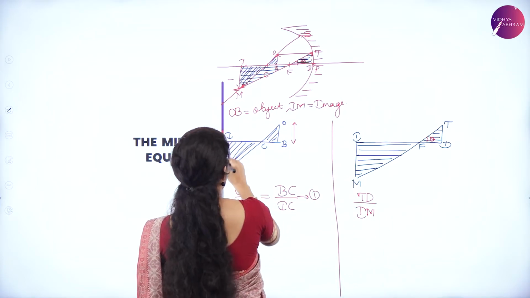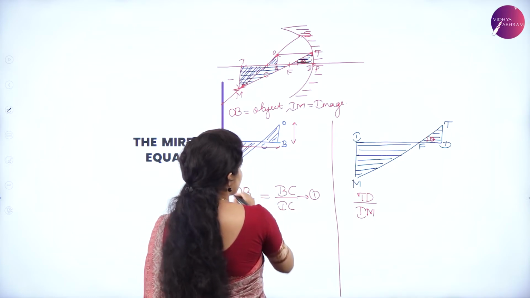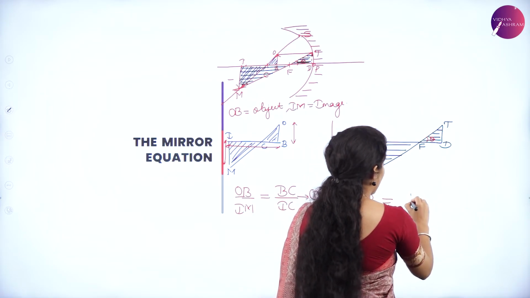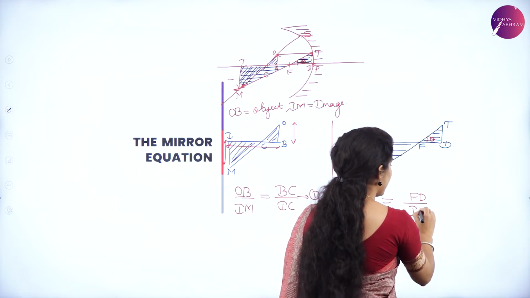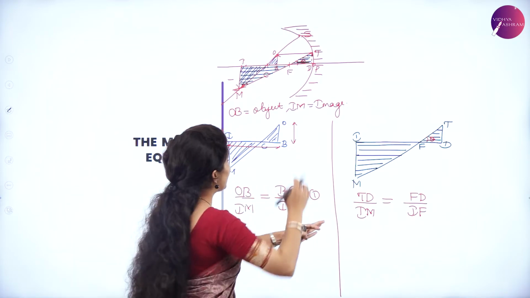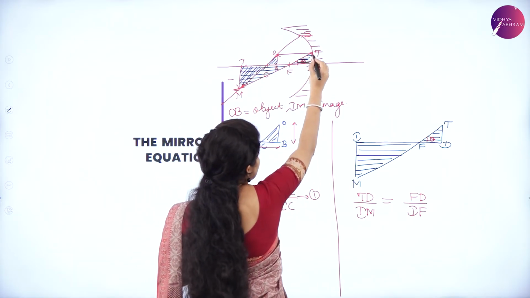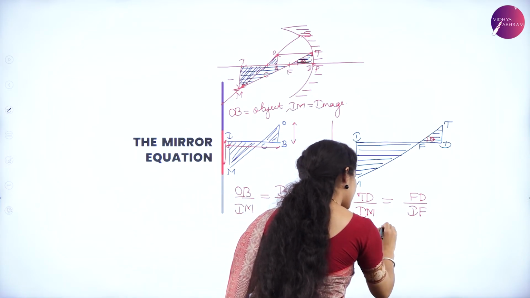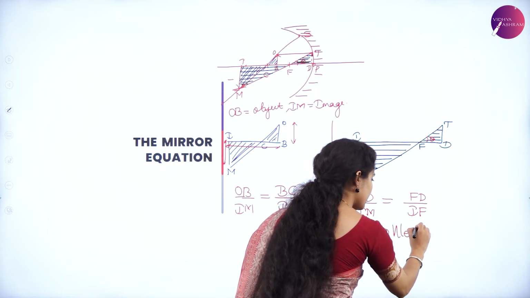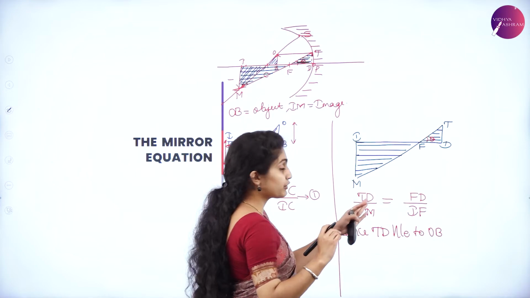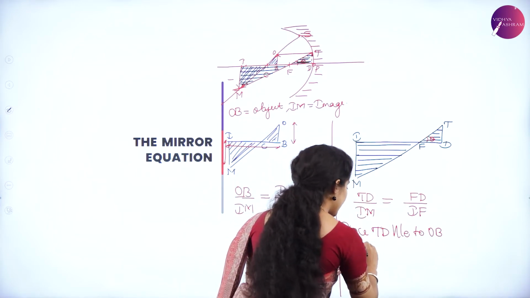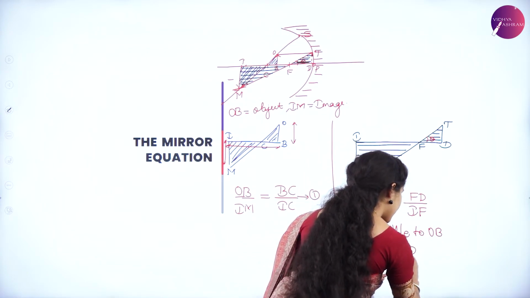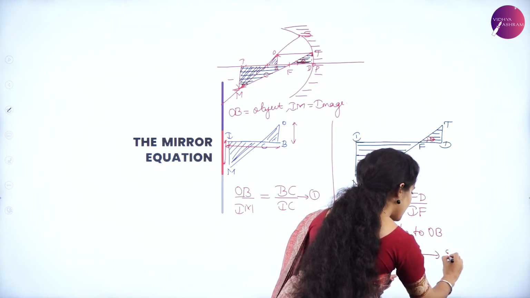Similarly, TD divided by IM is equal to FD divided by IF. And we know that TD is parallel to OB, so instead of TD I can consider OB. So I'll write it as OB by IM is equal to FD by IF. Equation 2.